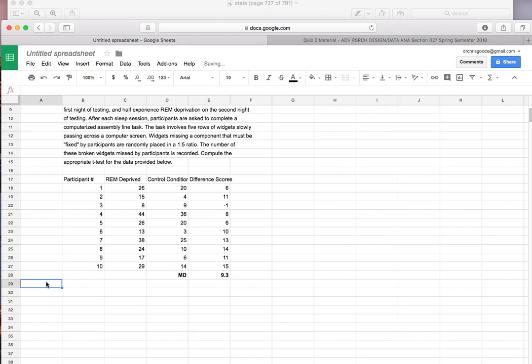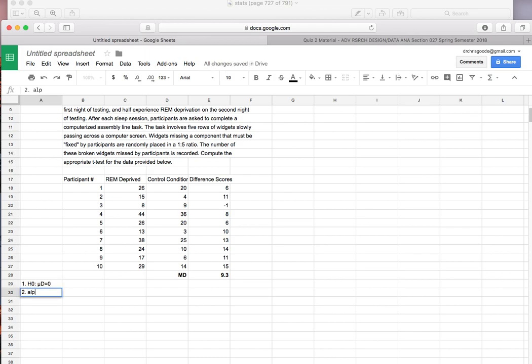We'll use null hypothesis significance testing with the repeated measures t-test, and so the null here is that in the population the mean difference score is 0, because depriving someone of REM sleep doesn't do anything compared to the control condition. It doesn't do anything to the number of widgets that you miss as they're going by.